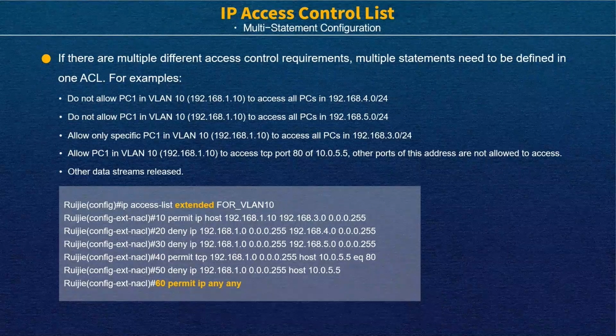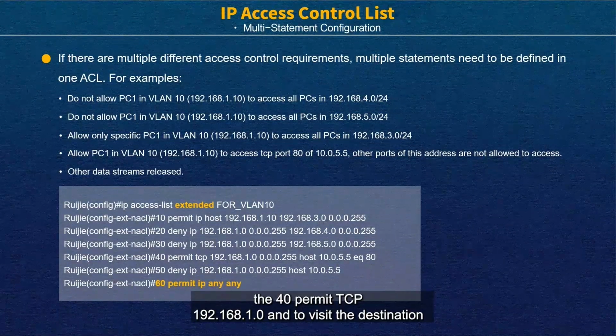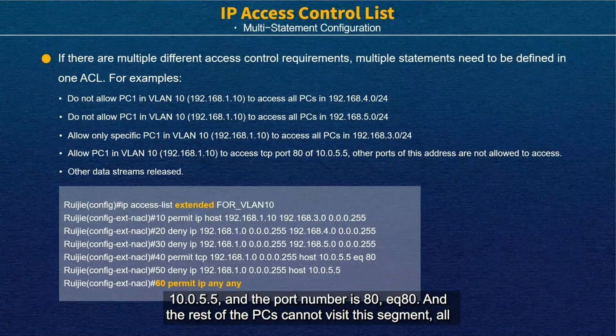So the detail is, not this one, the 40: 40 permit TCP 192.168.1.0 and to the destination 10.0.5.5 and the port number is 80, eq 80. And the rest of the PCs cannot reach this segment or this traffic.